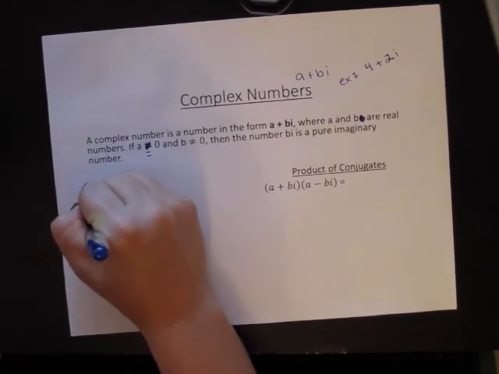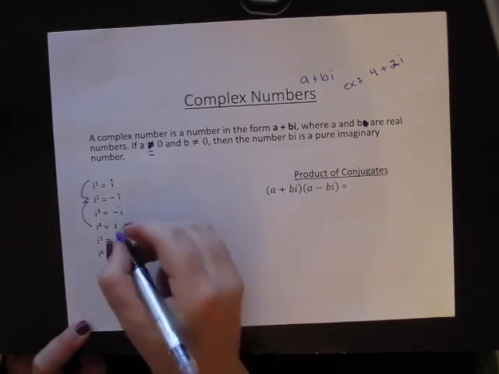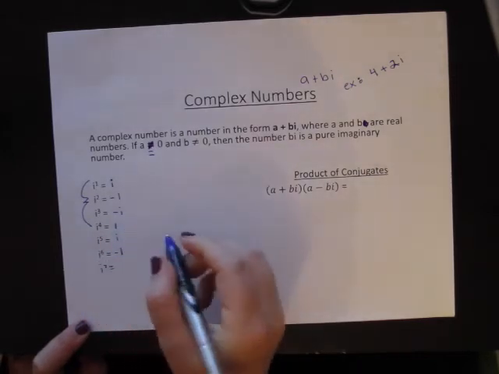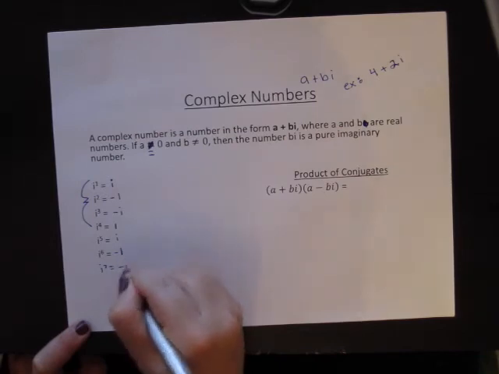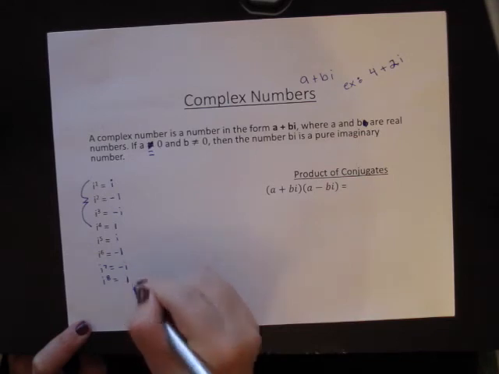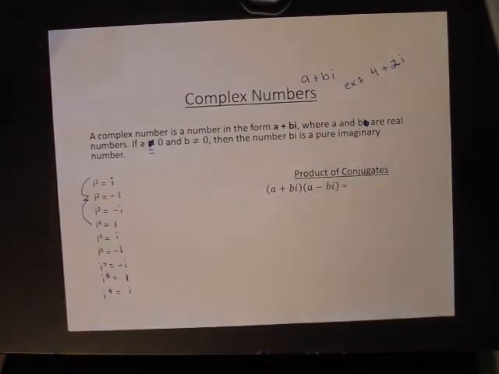This is the pattern that it always follows. So i to the fifth is going to be just i, i to the sixth is going to be negative 1. If I had i to the seventh, that would be negative i, and if I had i to the eighth, that would be a positive 1. And if I had i to the ninth, then it's going to start that cycle all over again. So it's going to be negative i.